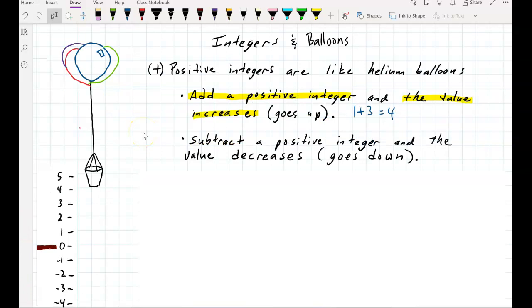But what happens when we take away helium balloons? Well, if helium balloons are like positive integers, if we take away a balloon, then the value will decrease. So subtract a positive integer and the value decreases. I'm going to subtract one of my helium balloons.